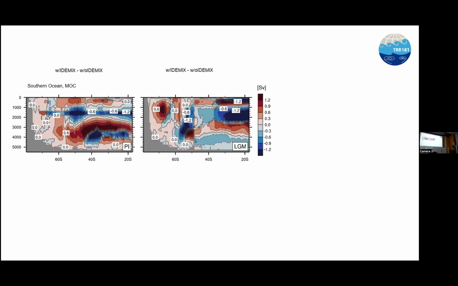This is the last complicated plot, and I'm not going to try to explain it because I'm also trying to understand it. This is just showing another difference between with and without IDEMIX cases, this time the Southern Ocean meridional overturning circulation. And as you see, it looks completely like a mess in terms of the differences.